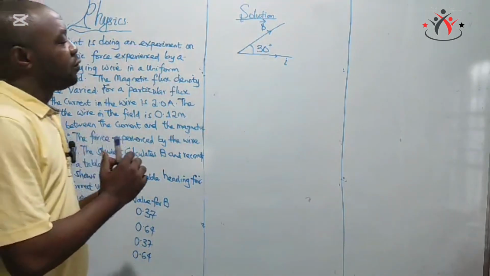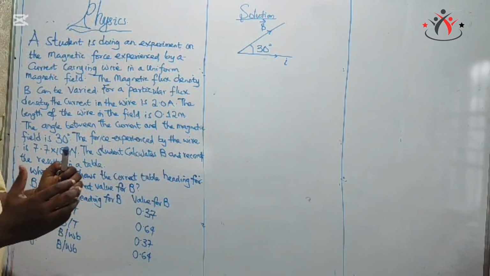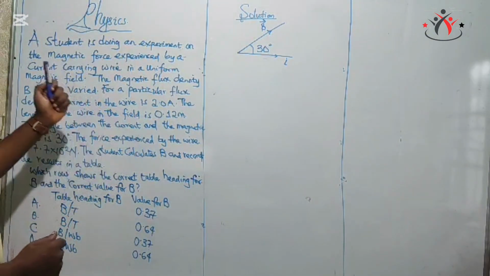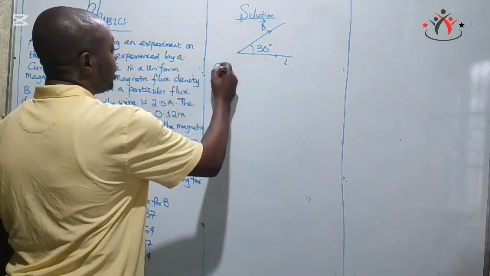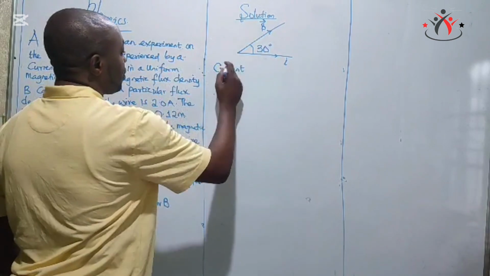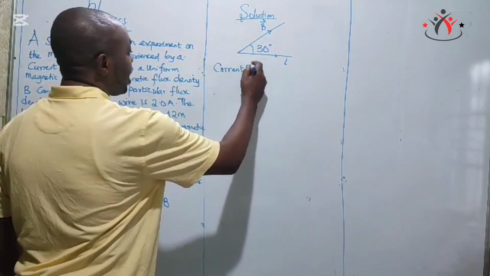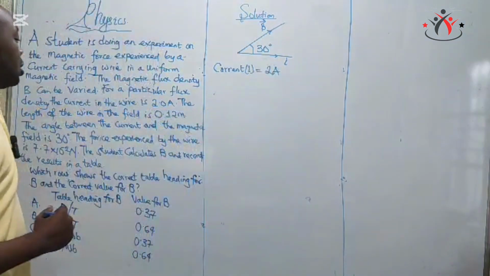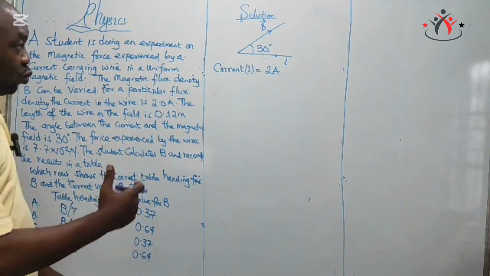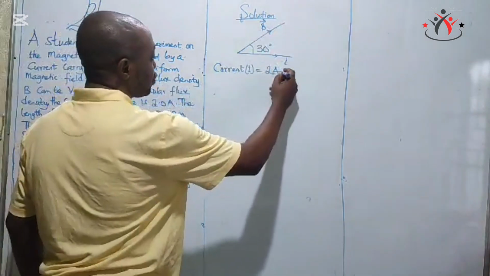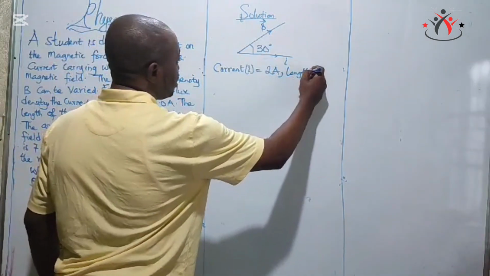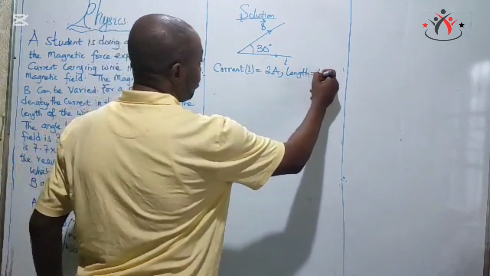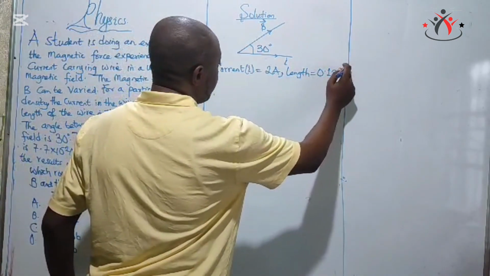To be able to calculate the value for B, we need to first identify some of the parameters we are given. We are given the current, I, which equals 2 amperes. We are also given the length of the wire, which is 0.12 meters.